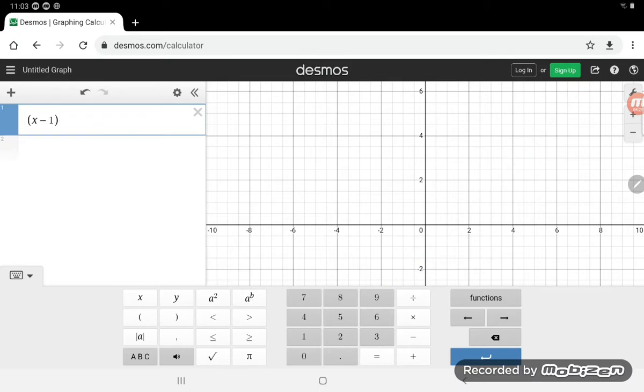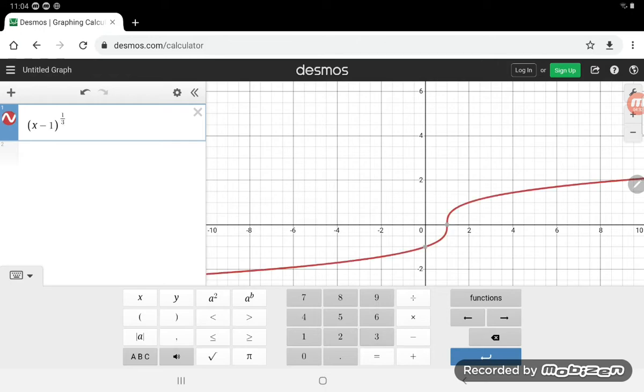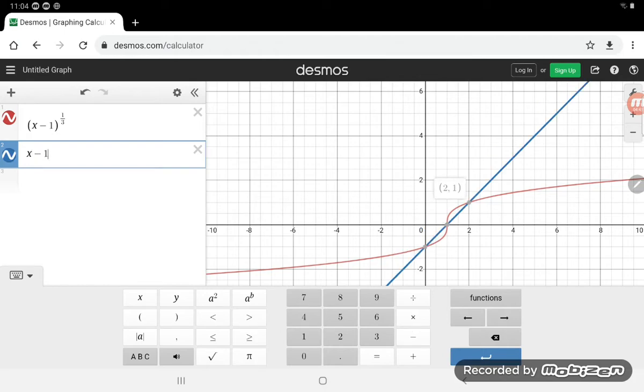So that then I can do that and do 1 divided by 3. So there's to the 1/3. So see, it's that S shape. And then I have the x minus 1. And there we go.